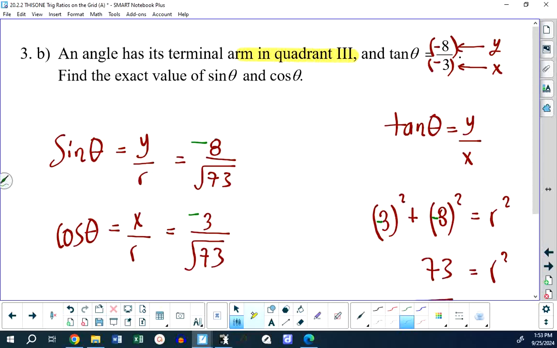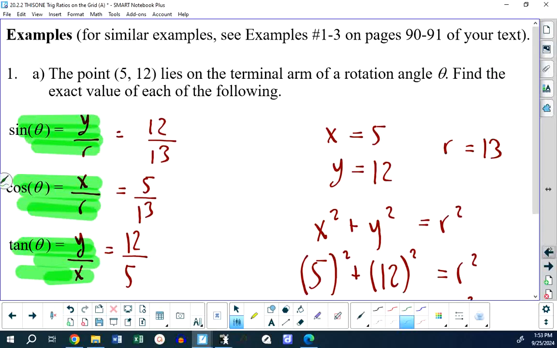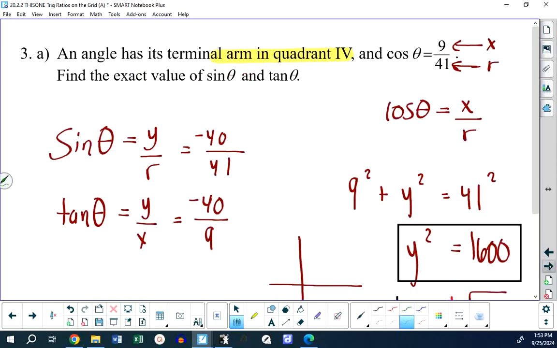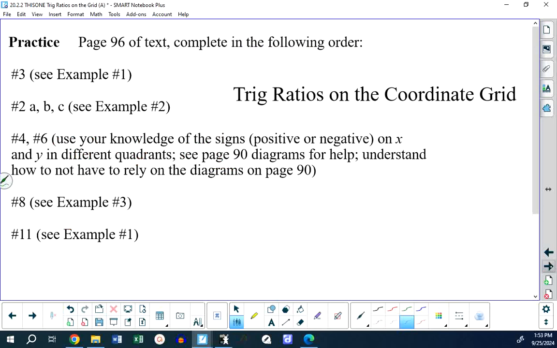This middle layer to our lesson sandwich today, number 2, is important, but it's minimally important. It's not as important as this layer where we're working with x, y, and r, example 1, or certainly this layer where we're working with x, y, and r. So I want you doing these in the order that I'm listing them.